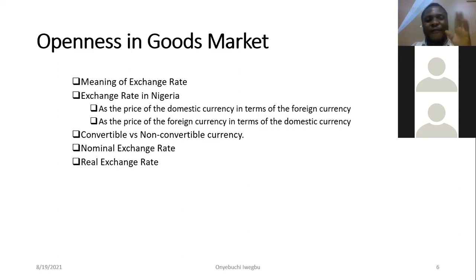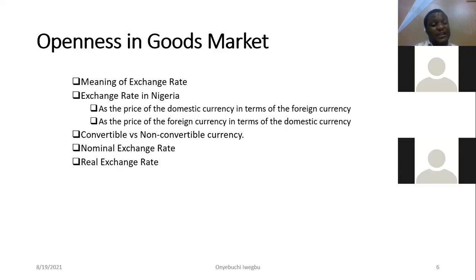They are only relevant in their own economy. Example is our Naira. It's a non-convertible currency. Because when you take Naira to the US or South Africa or China, who needs it? Maybe a Nigerian. You can still exchange it anyway, but you can't just take Naira to the US and say you want to buy something. They'll be looking at you, who knows that currency?